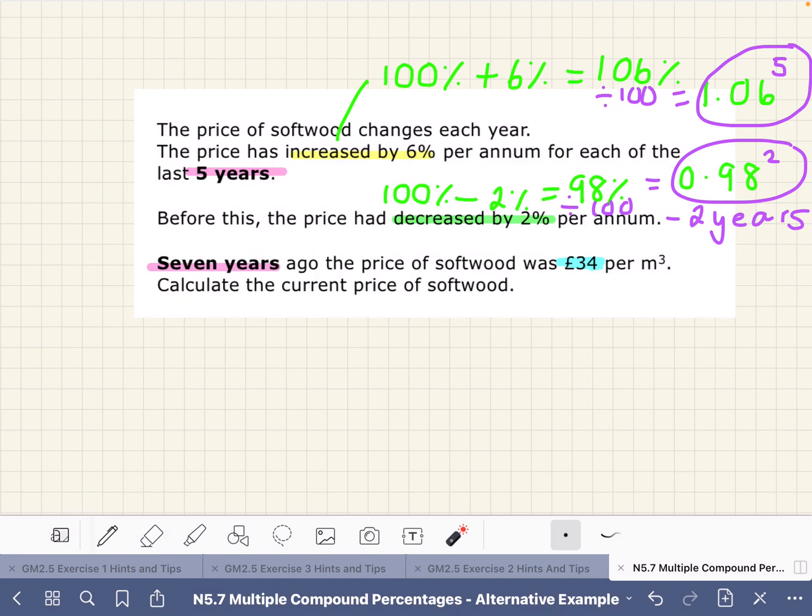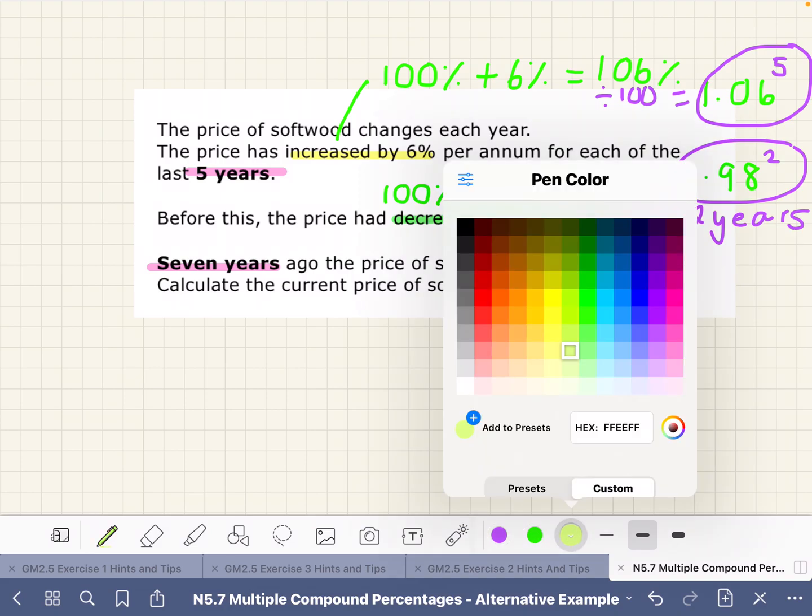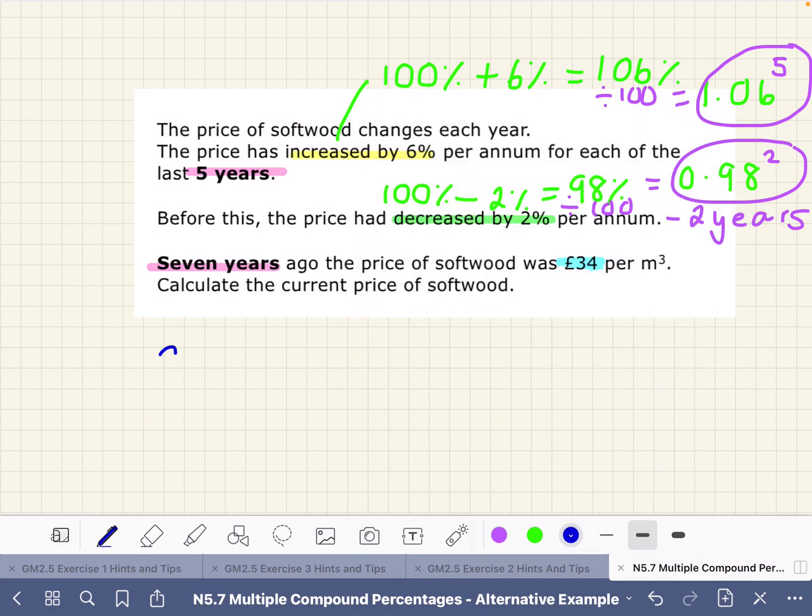Now, in previous questions, you would have taken your amount, which was the 34. Okay. And multiplied it by just one of the compound percentages. So, for example, 1.06 to the power of 5.